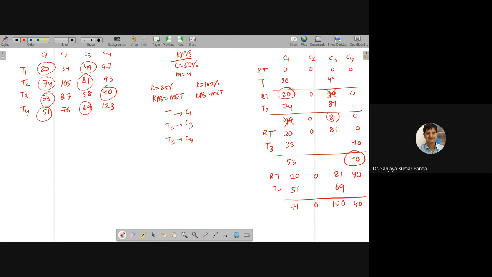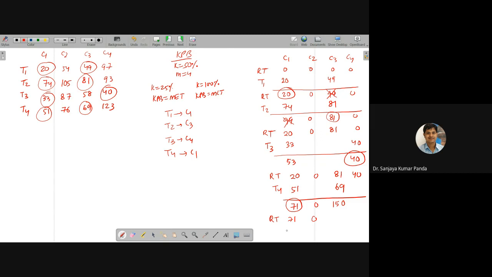We are not going to count this one now. Out of which one is better? 71. So the final ready time we are getting is 71. T4 is also assigned to C1, so it is 71. None of the tasks is assigned to C2.